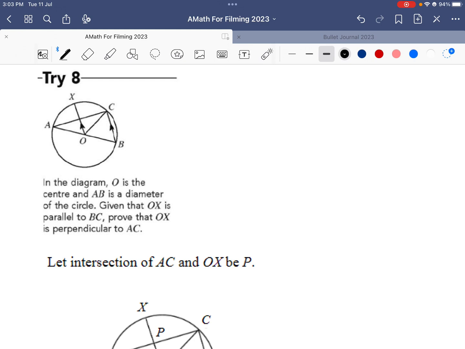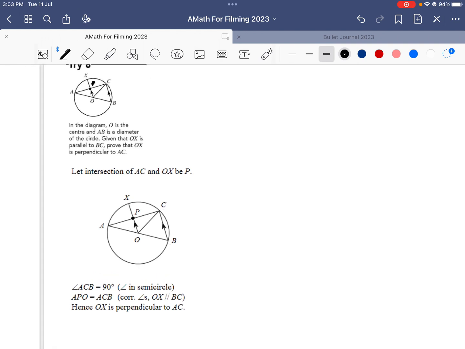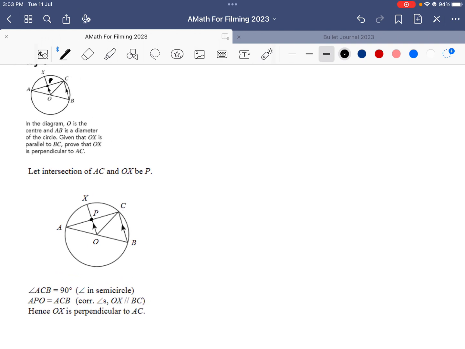Prove that OX is perpendicular to AC. So what they actually want us to do is to prove that this angle here is 90 degrees. First and foremost, we call the point where OX intersects AC point P, as shown in the diagram here.